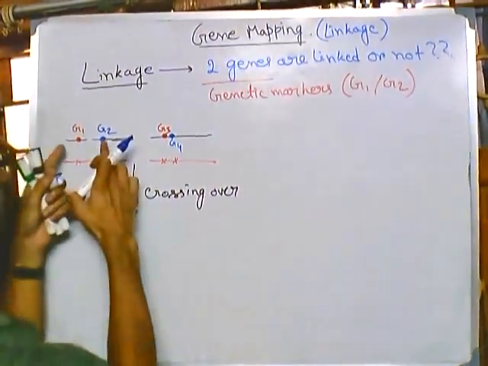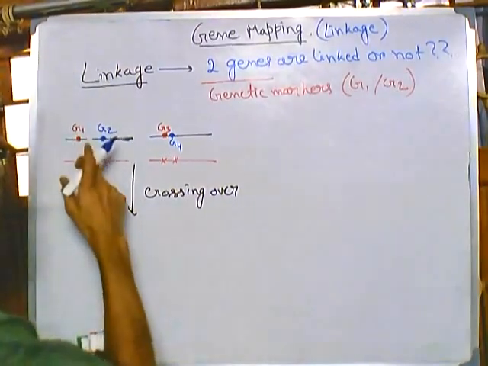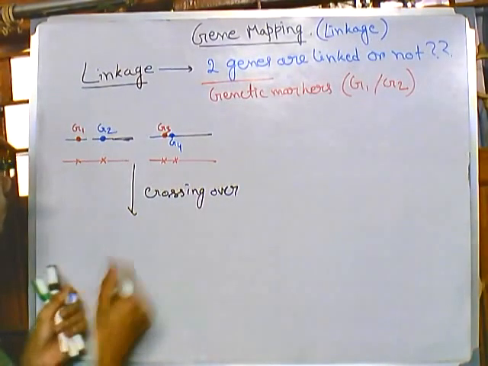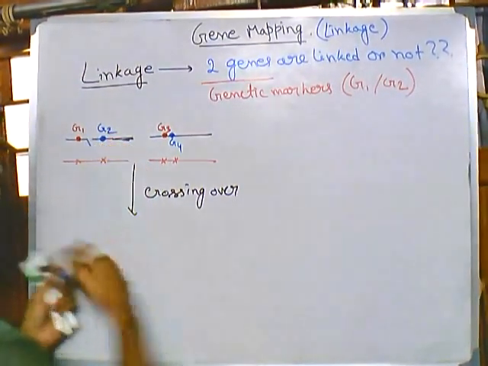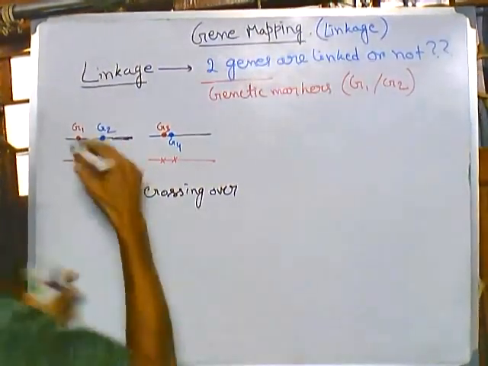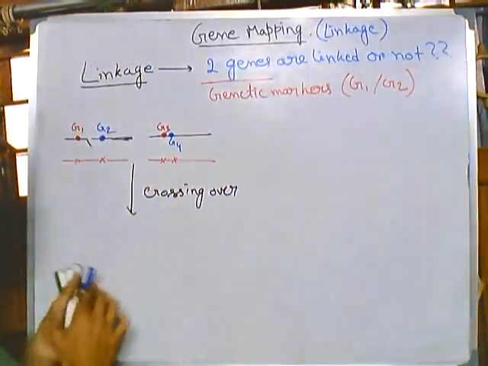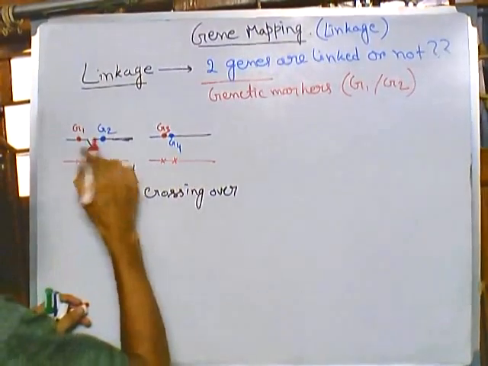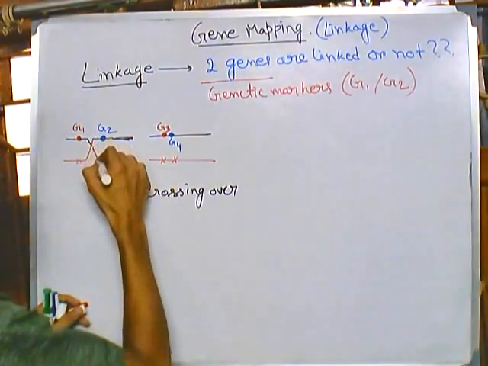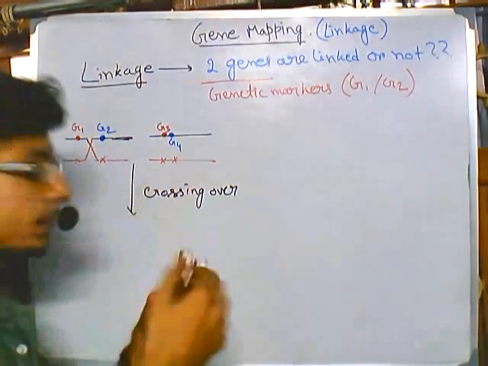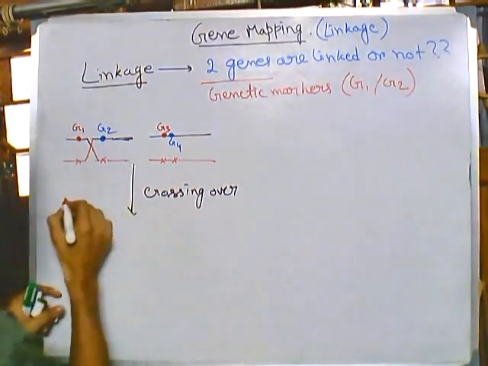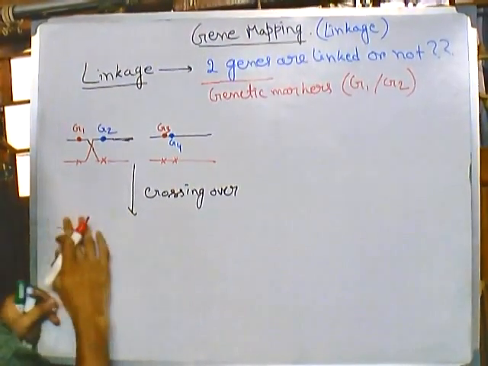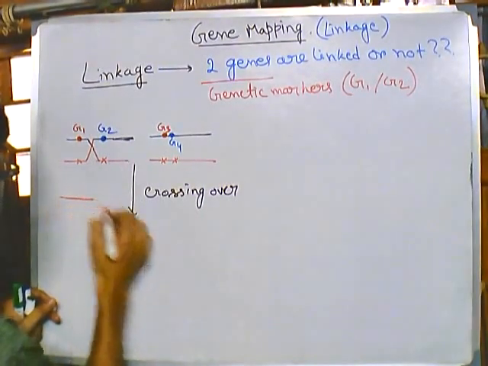Now suppose during the time course of crossing over, the break between the chromosomes happens between these. It is possible because G1 and G2 are separated distantly apart, so it can have a break from here. If it encounters a break from here, this kind of swapping event can happen, and after that it will produce these two things.